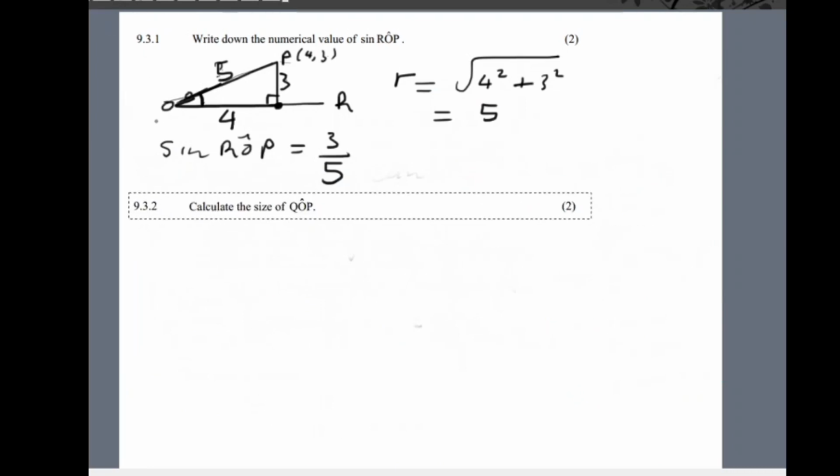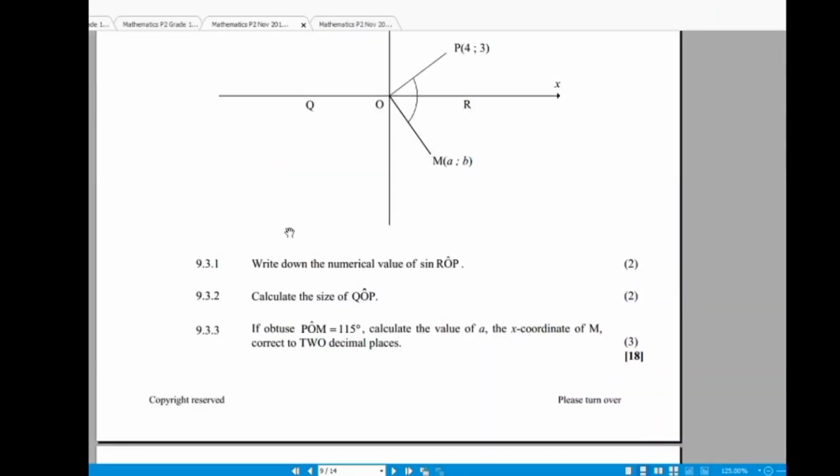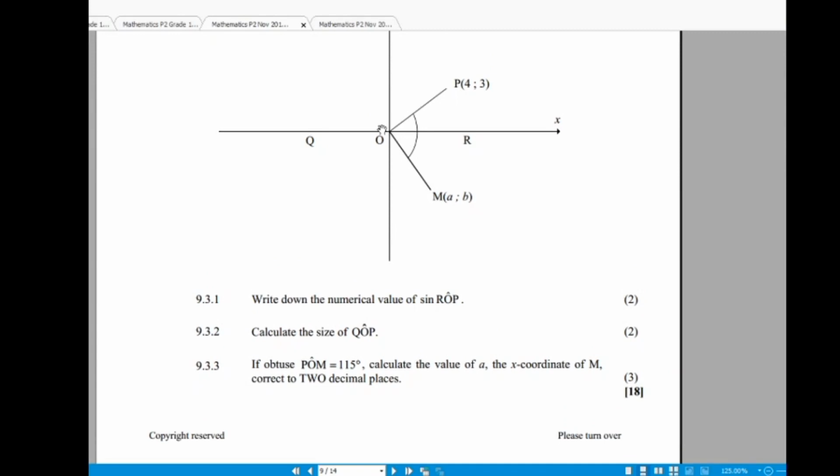Okay, so looking at the diagram, QOP is this angle here, right? And then we can calculate the angle ROP because we have the trigonometric ratio already, and then after that we'll use the fact that angles in a straight line sum up to 180 degrees.